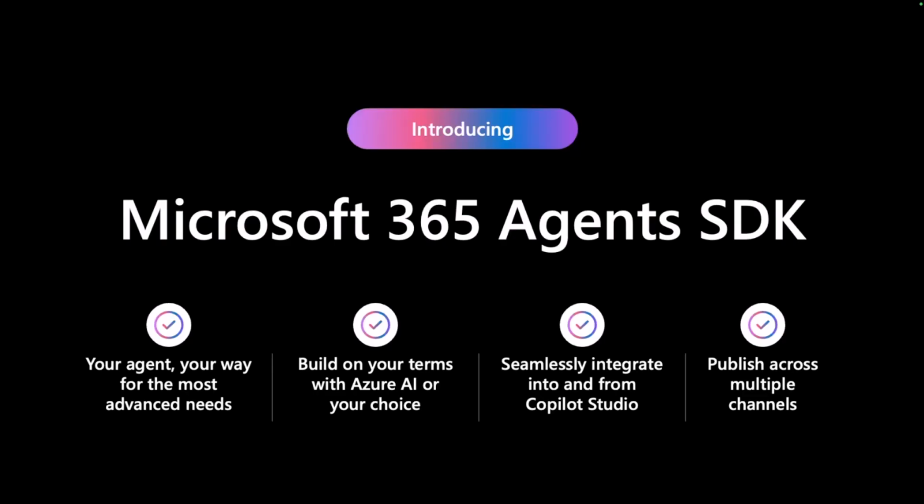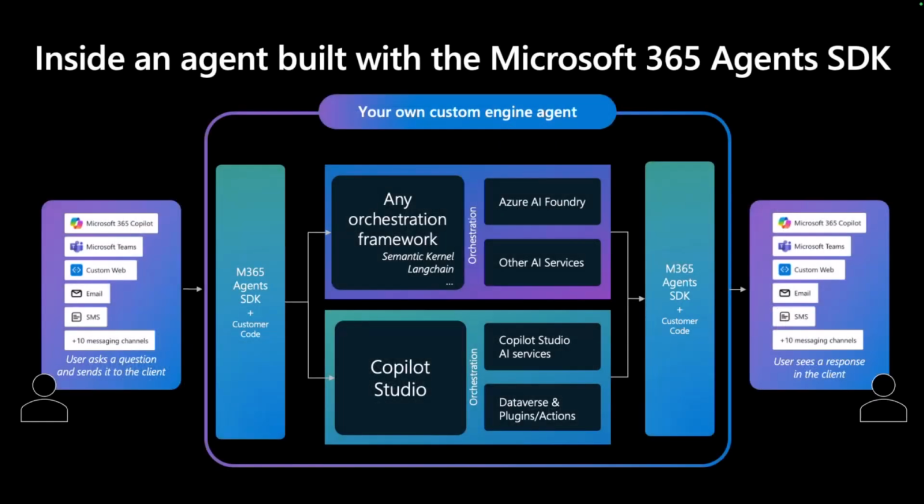On top of that, you can build your own orchestration layer, so you can add Semantic Kernel or any other orchestration framework you like, and design the entire thing custom. That's why we call it a custom engine agent, because you're building everything from scratch and designing enterprise-ready architecture. Having said that, it's not as complex as it sounds, and we will have a look at how you can get started building one of those.